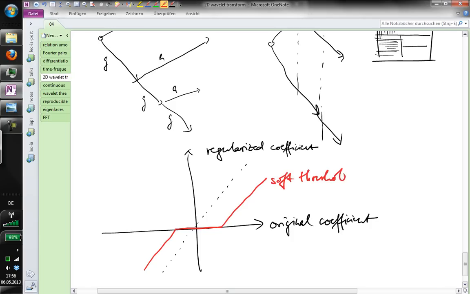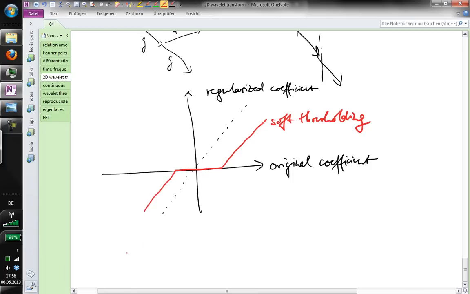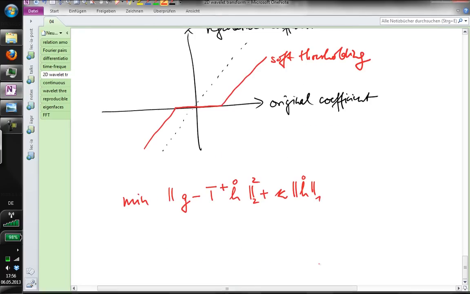So if I have the following task, I want to minimize the difference between my original signal and the inverse transform of some transform H bar that I'm looking for, plus a penalty on the L1 norm of this transform.